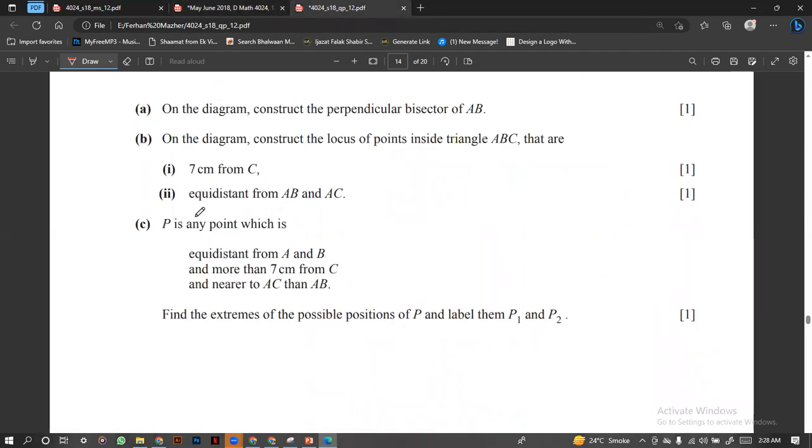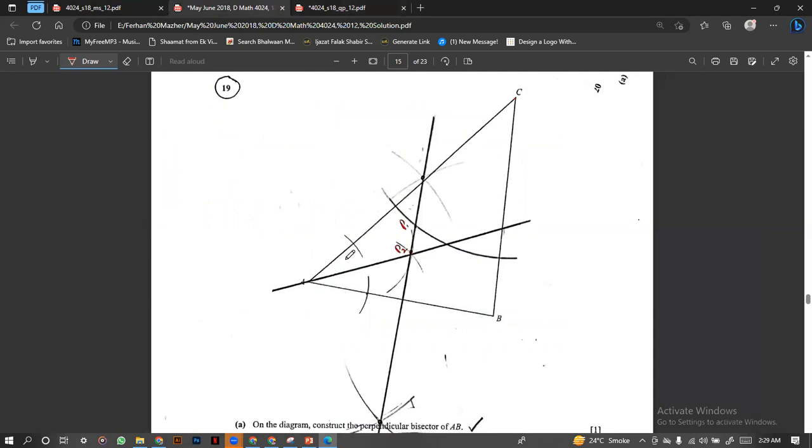Then they say equidistant from AB and AC. If you are equidistant from two lines, for example AB and AC, it means you have to draw an angle bisector. The common name here is angle A, so for the BAC angle I will draw the angle bisector. The method is very simple.